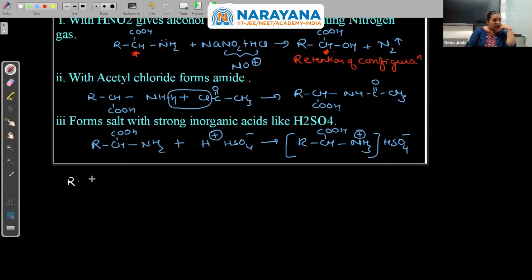So, when I say RCH, if I take, just let me write a more detailed version, COOH, and I will write this. I have to check whether I'm drawing, if I place NH2 here on a wedge. So, have I drawn the correct arrangement? Yes. If I draw it as a Fischer projection, is it an L amino acid?